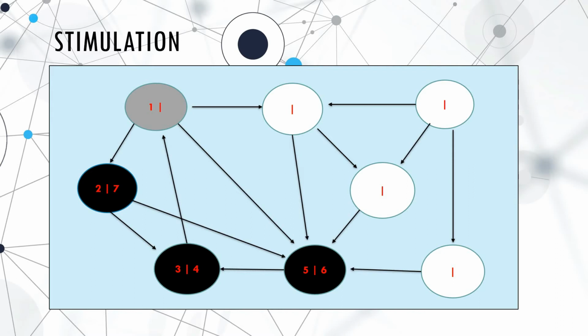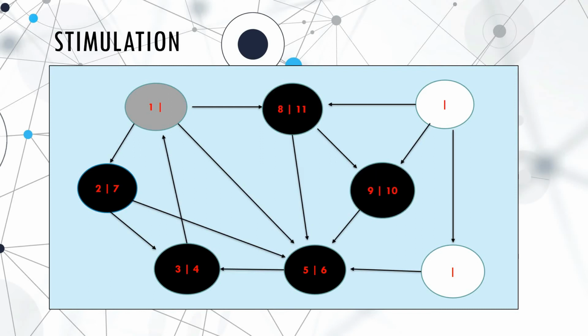Now after node B, we visit nodes E and F, putting 8 and 9 as their discovery times, and the color turns from white to gray. And we put 10 and 11 as their finishing times, and the color of these nodes becomes black. Among nodes F and H, we took F as the first traversing node, putting 13 as its discovery time, and its color becomes gray.